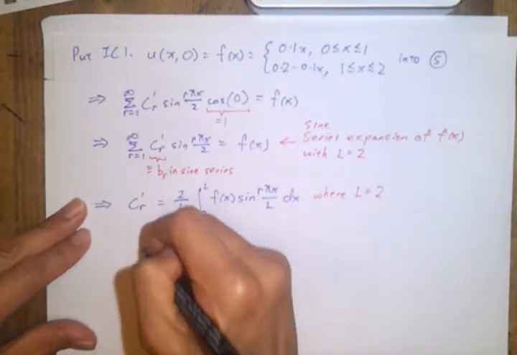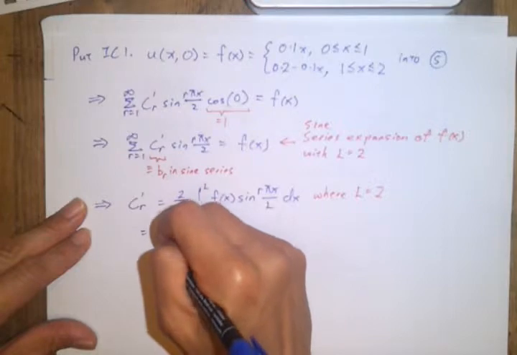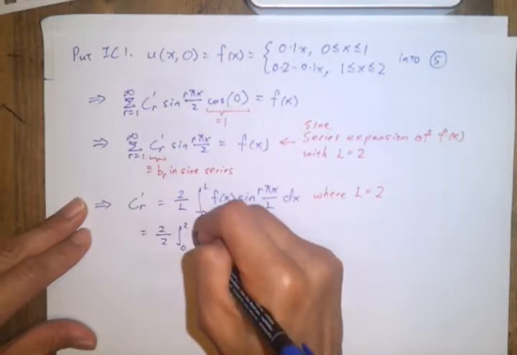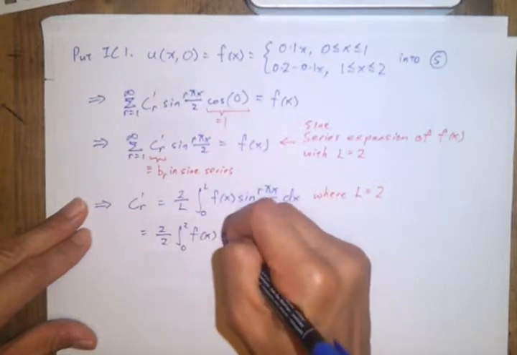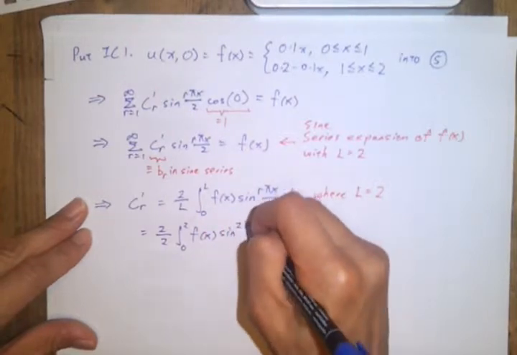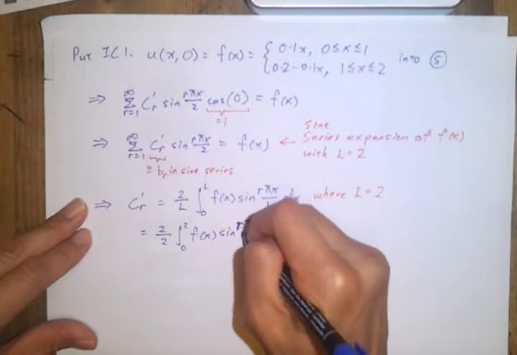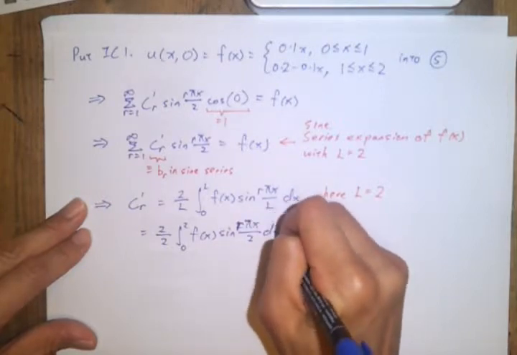So this becomes 2 over 2, integral 0 to 2, f(x) times sine r pi x over 2 dx.